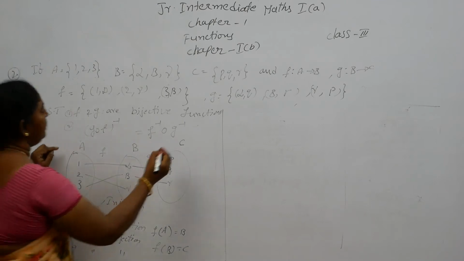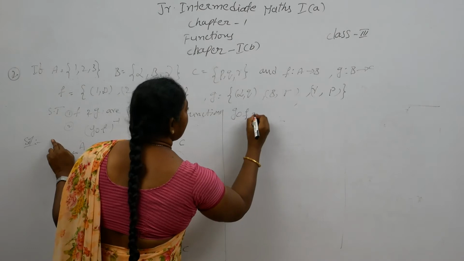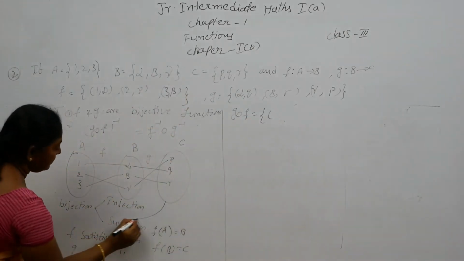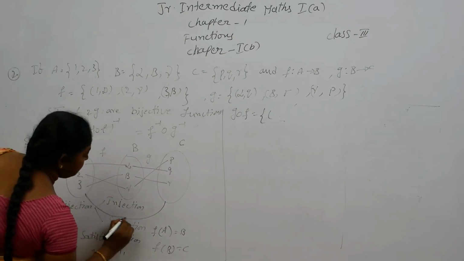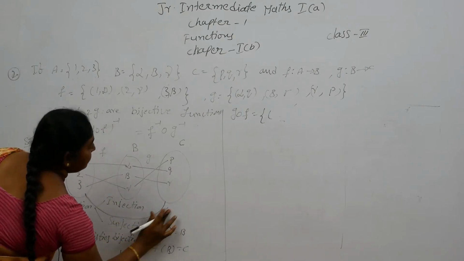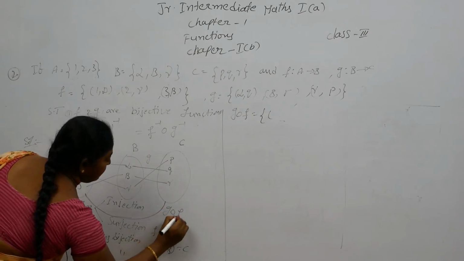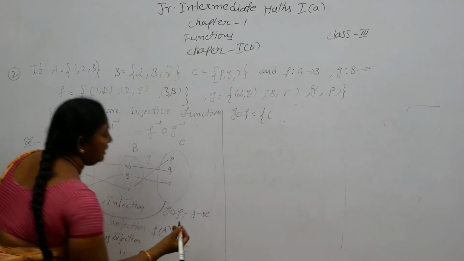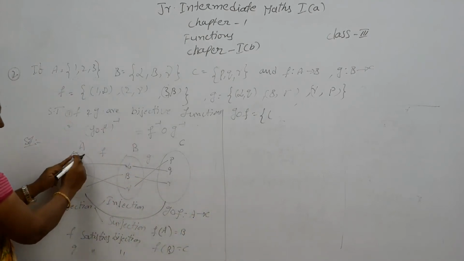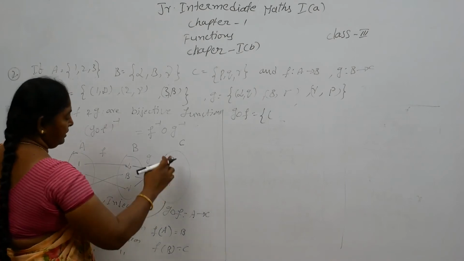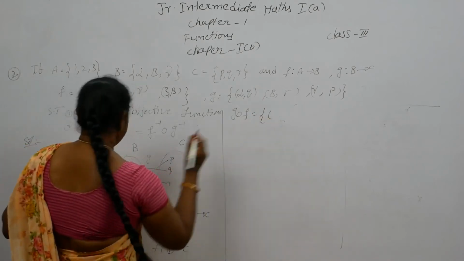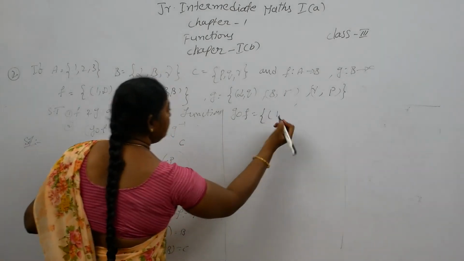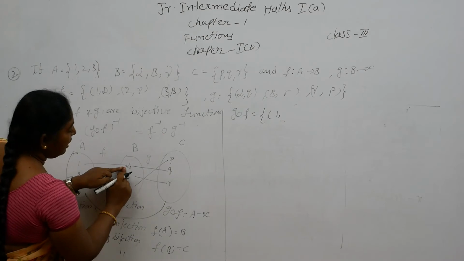So f of g equal to set of function g of f from A to C. So here domain is A and codomain equal to C. So A to C, one-to-one mapping: 1 to alpha to q.